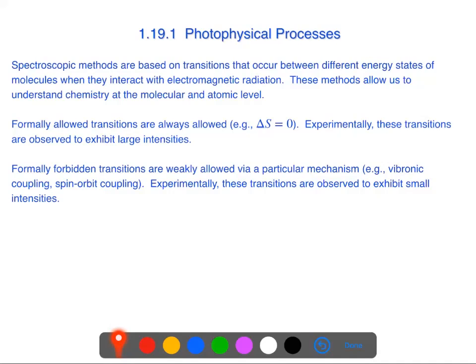So formally forbidden transitions are weakly allowed via some mechanism, whether it be vibronic coupling or spin-orbit coupling. Experimentally, these transitions are observed, but they often exhibit small intensities. Now let's look at some possible photophysical, radiative, and radiationless processes that we typically observe for molecules.